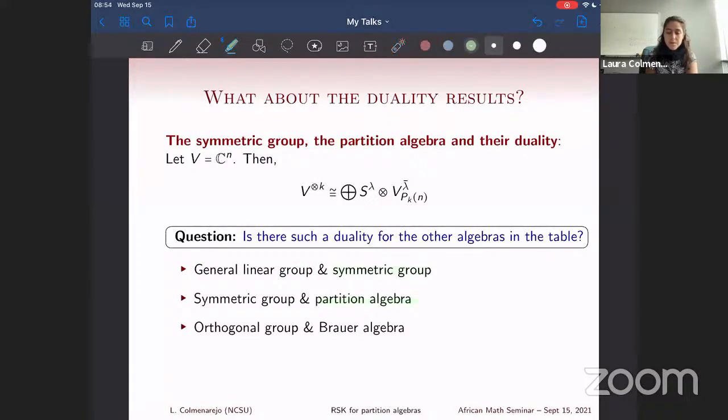For the partition algebra it was true because I just have the symmetric group. There was another algebra, the Brauer algebra, for which we can also do it with the orthogonal group. For the other ones, it's becoming more complicated and it's not clear that you can always have it. So that's what we are trying to work out these days. That's the continuation of the project.